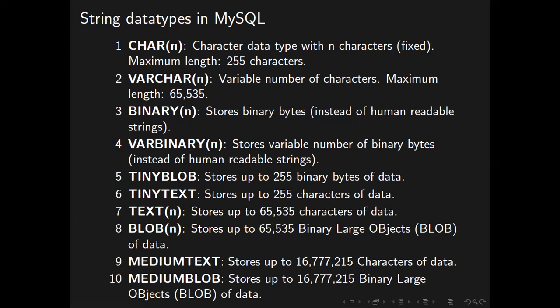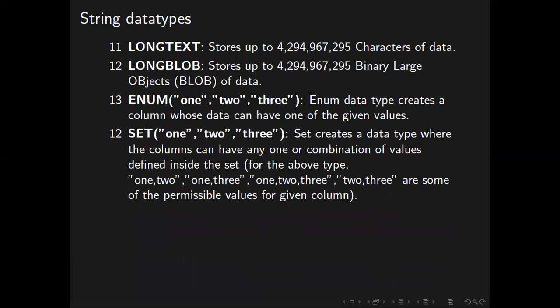Then mediumtext can store up to 16,777,215 characters. Mediumtext is characters, whereas mediumblob will store binary digits.